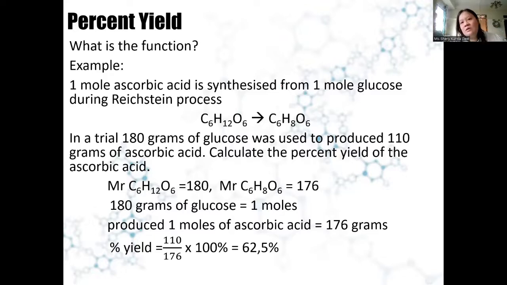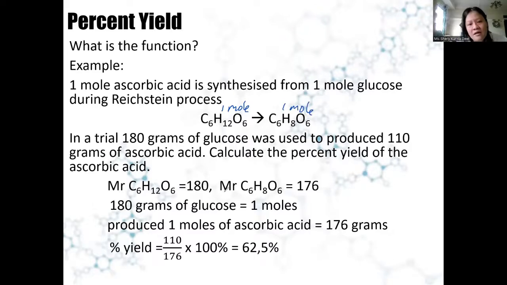In this case, we know that we have to balance it. Actually, both are 1 mole. It's not balanced because there are other substances produced, but I don't write them. So assume this one is 1 mole and this one is 1 mole.